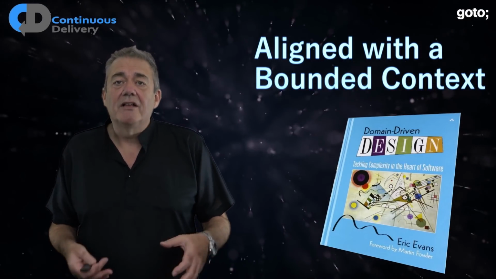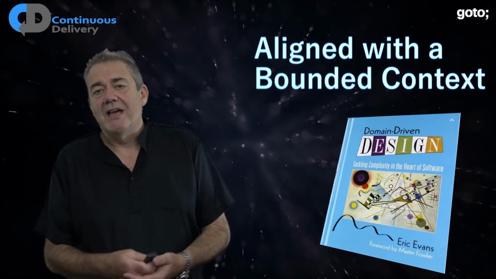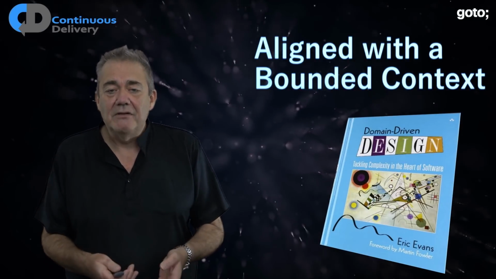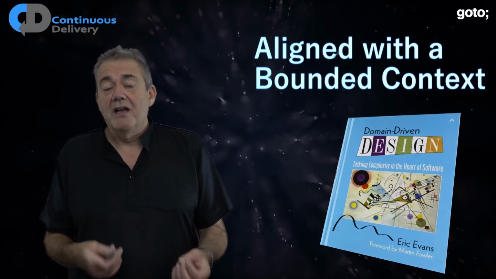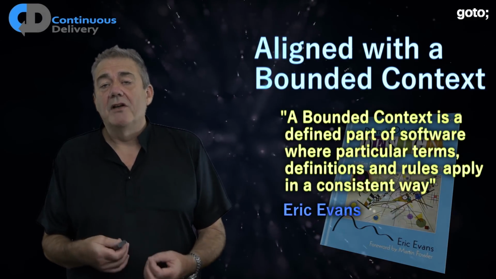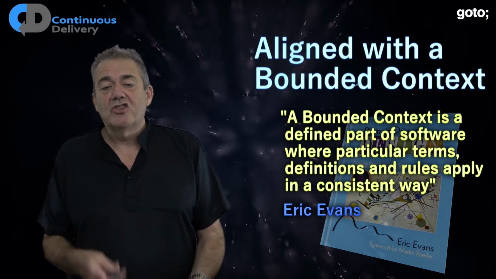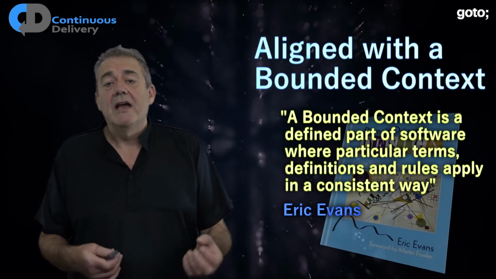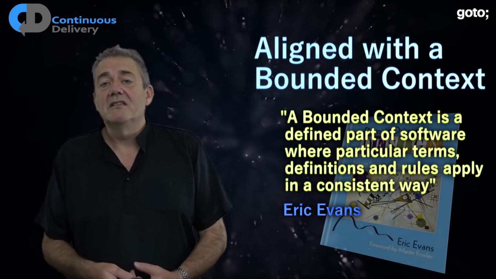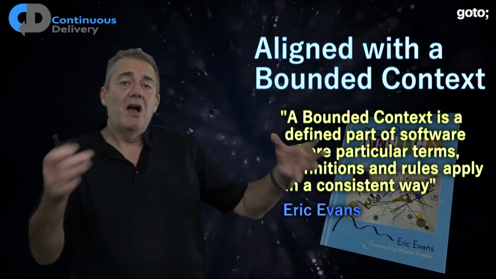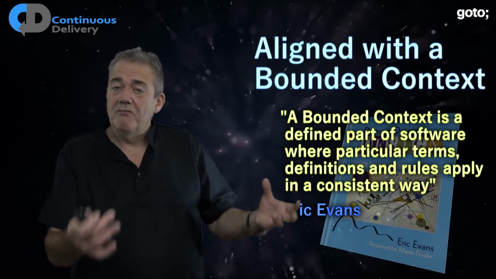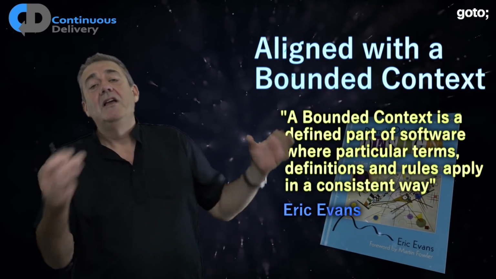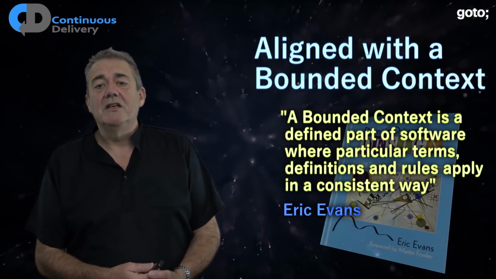And one of the key ideas in domain-driven design is this idea of bounded context. Eric defines it as a defined part of software where particular terms, definitions and rules apply in a consistent way. This is a part of the problem domain where the concepts are related to one another, and so it makes a cohesive unit.